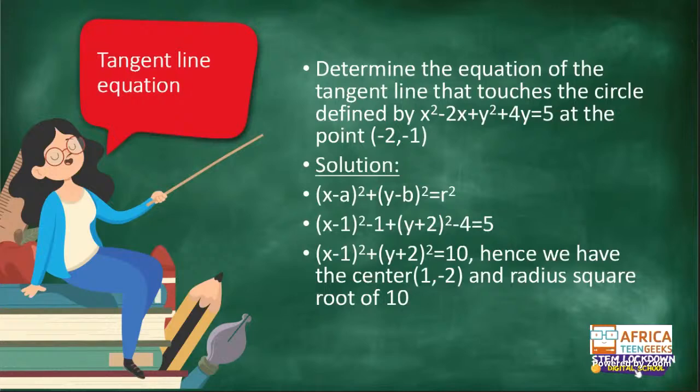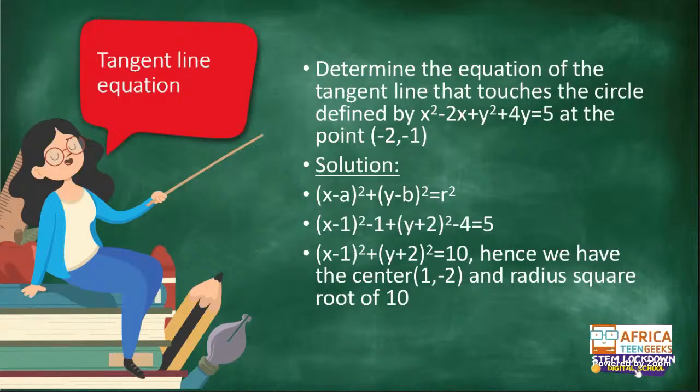Yesterday I gave you a hint for you to find the derivative of this equation. But that one is, I would say, the second option that you can opt for.